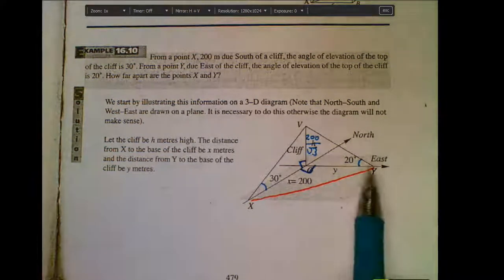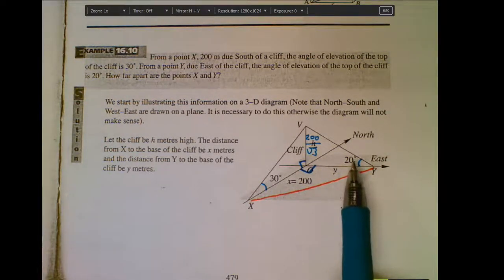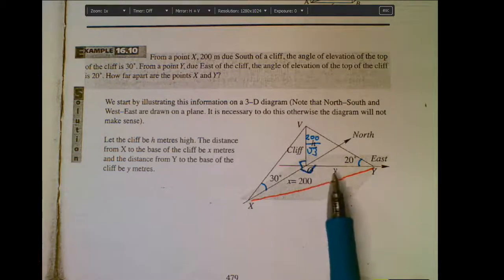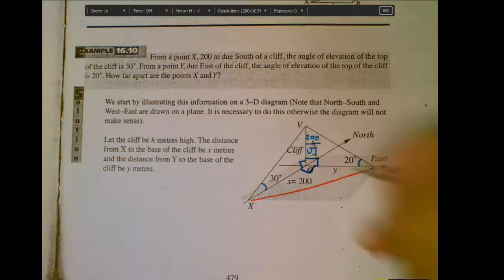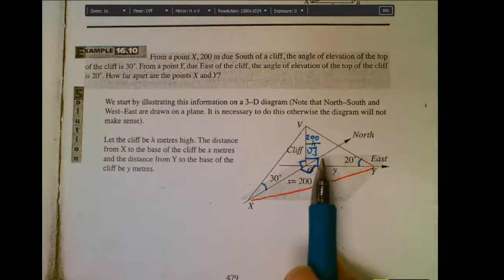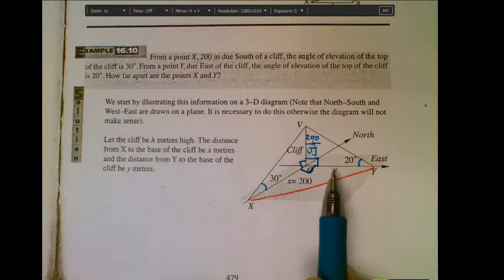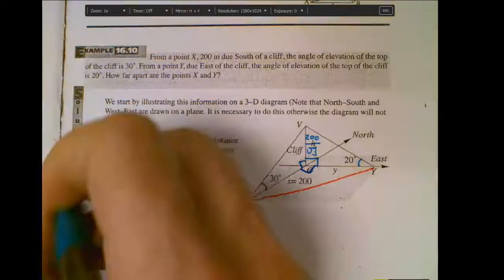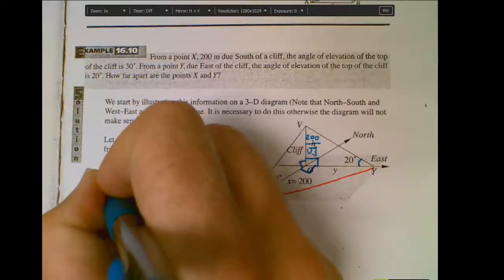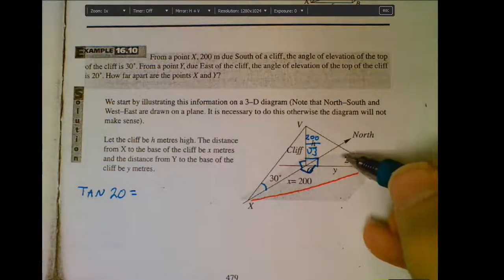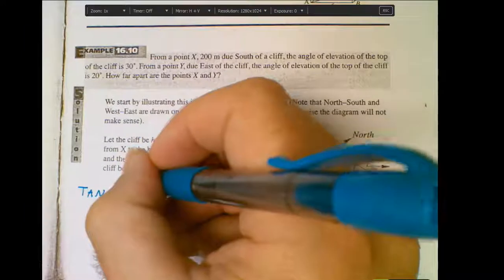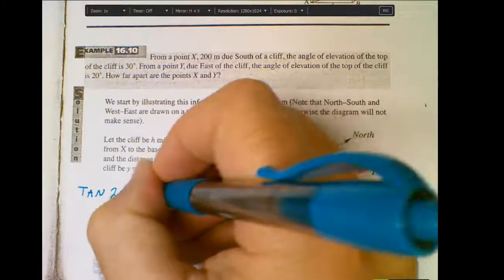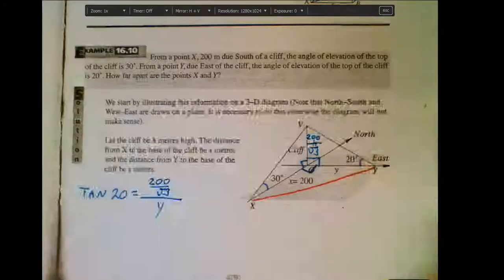If I now look over here to the right, notice they also gave me another 20-degree angle right here. So I see another right triangle taking place over here. I got this right angle here, so I got another right triangle on the right side. Again, I could use a tangent function in order to get this y value. Based on this angle of 20 degrees, if we said tangent of 20, and from here I could say opposite over adjacent, so I got my 200 over root 3 divided by y.